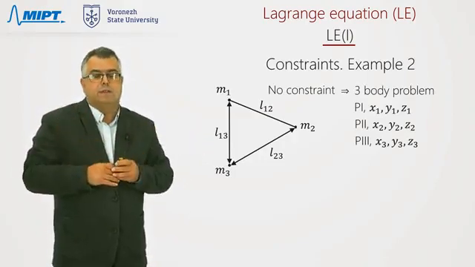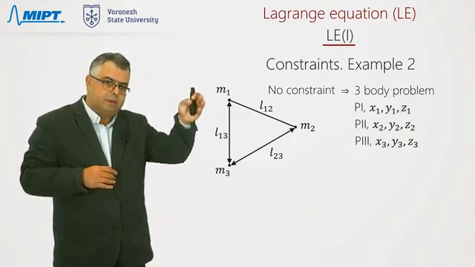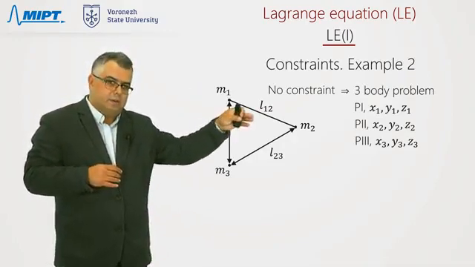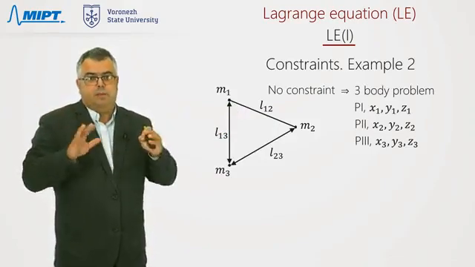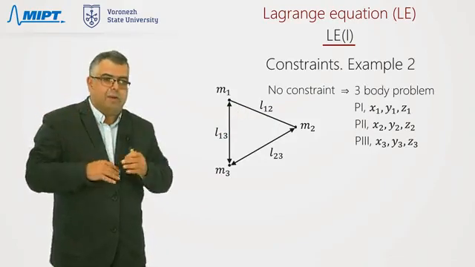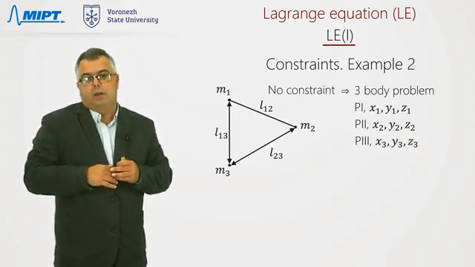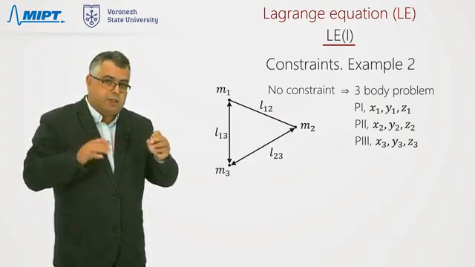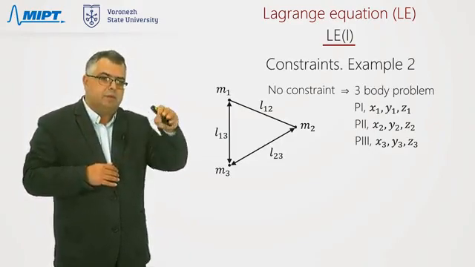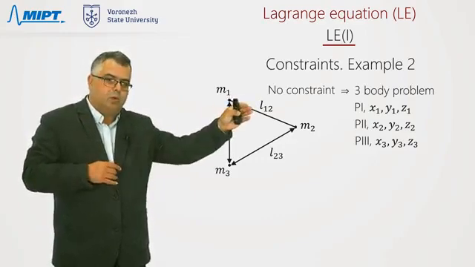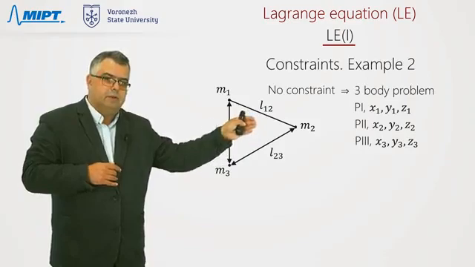If we consider that system without any constraints, we cannot talk about the distance between the three particles. This is the three-body problem, which cannot be solved analytically and can be solved only numerically. So what happens if we put some additional condition on the distance between two particles, let's say between particle 1 and particle 3, and particle 2 and particle 1?